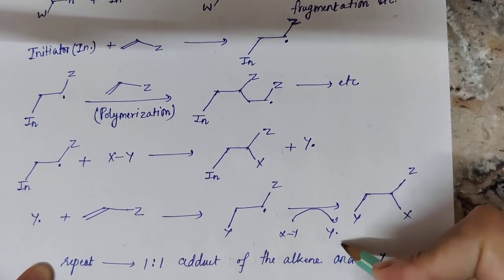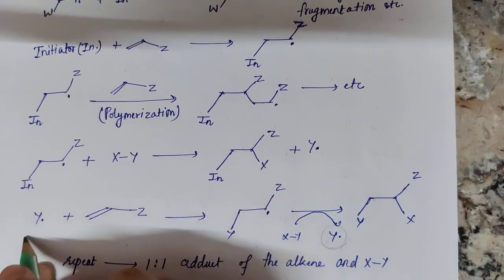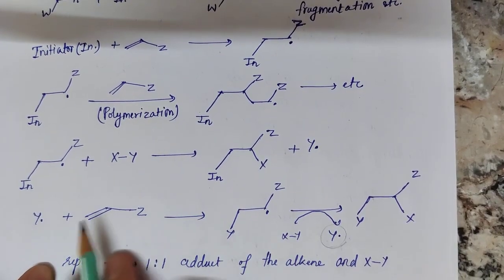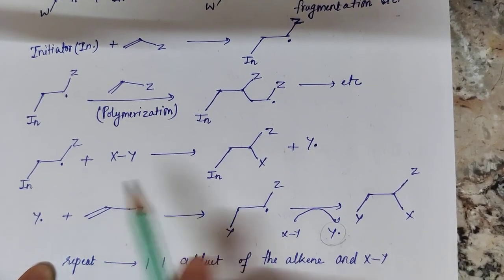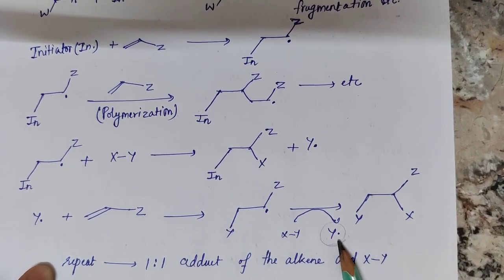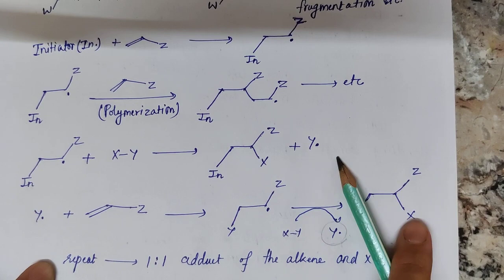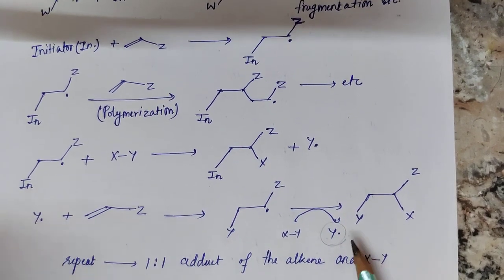So this Y radical can again be consumed in this kind of steps. This is a propagation step. Again and again you are generating your Y radical. Y radical was generated here also and here also.